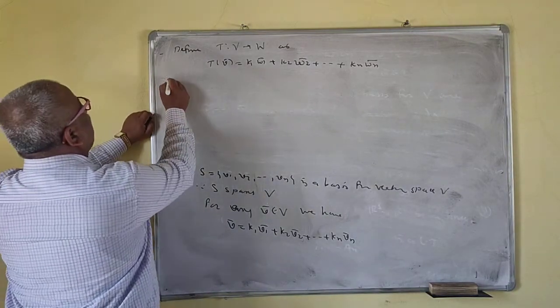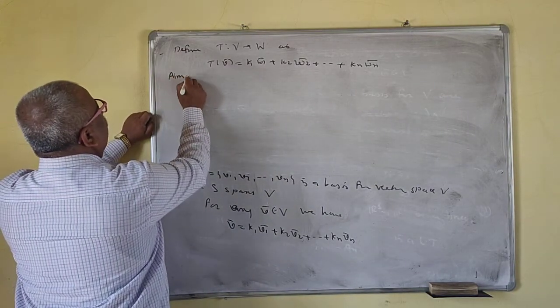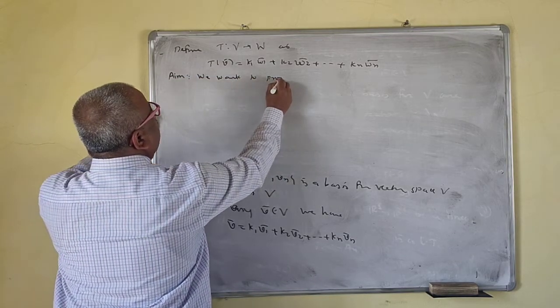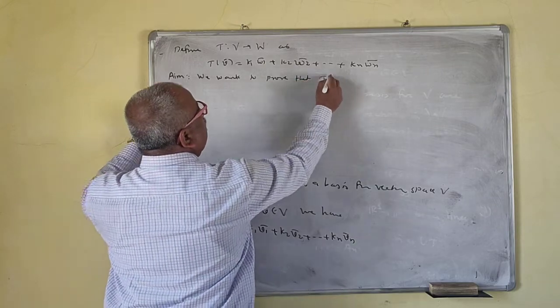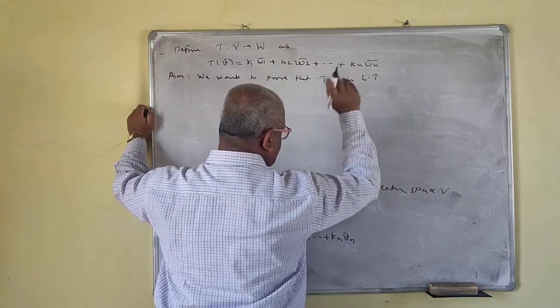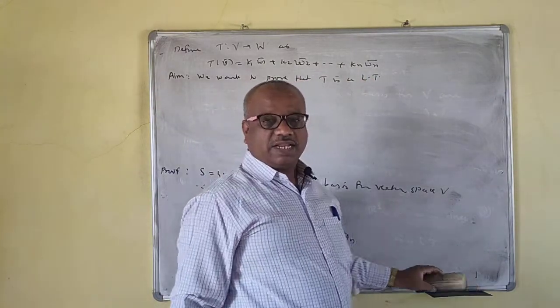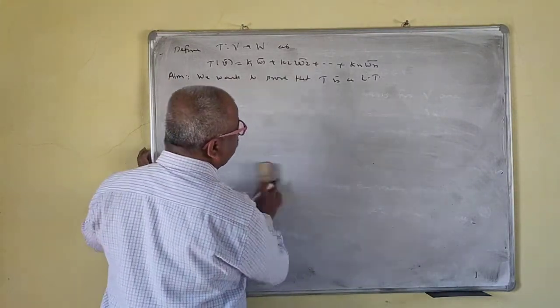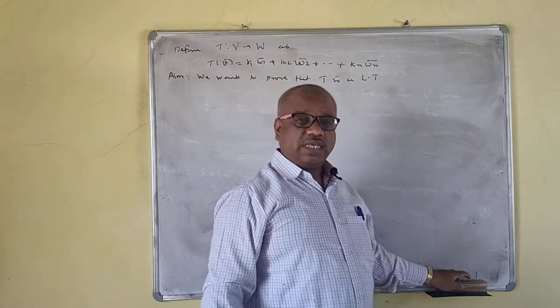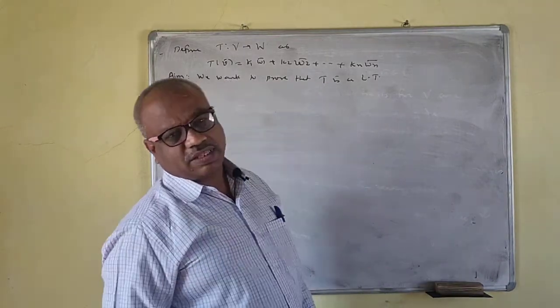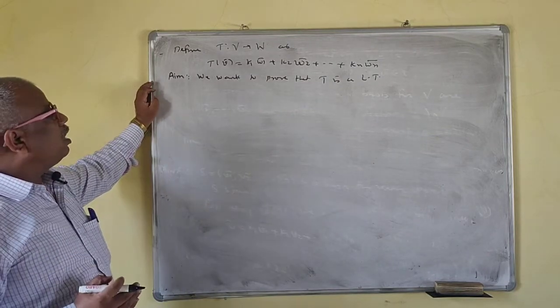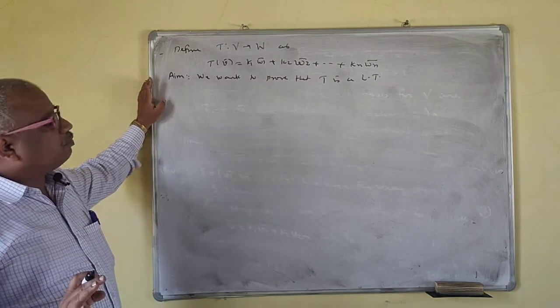Now we want to prove that T is a linear transformation. First we will prove T is a linear transformation, and then we will prove that T of Vi bar is the same as Wi bar, that means T of V1 is the same as W1, T of V2 is the same as W2. That we will prove later on.